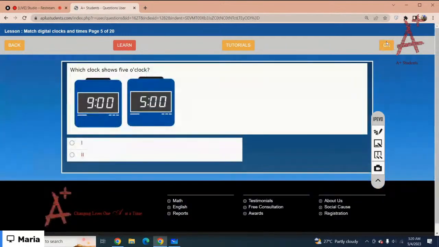Okay, which clock shows 5 o'clock? Yes, the second one shows 5 o'clock. Here you can see the hour is 5, so it would be 5 o'clock.